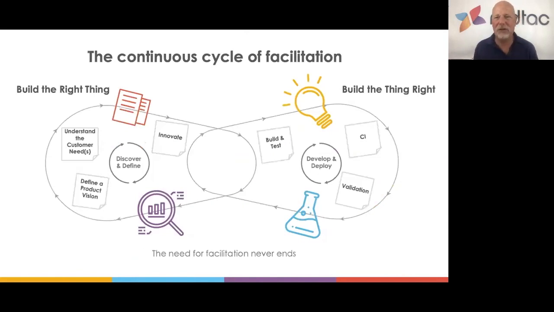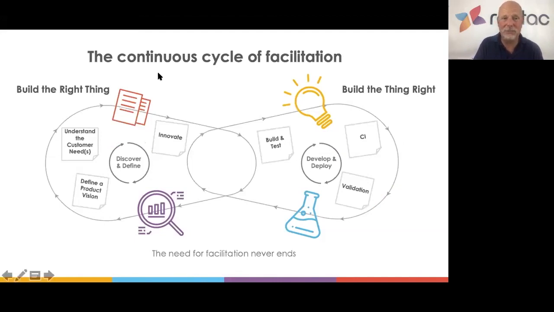This is a RADTAC thing that's worked really well for us over the years. We sometimes call this the two avocados. So about building the right thing. Yes, there's our interaction as an amazing Scrum Master with the product owner, and about delivering it, about building it.